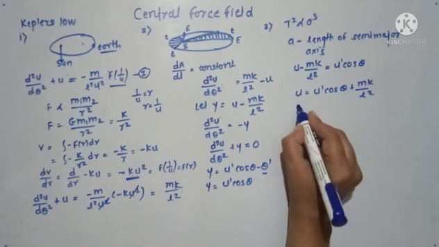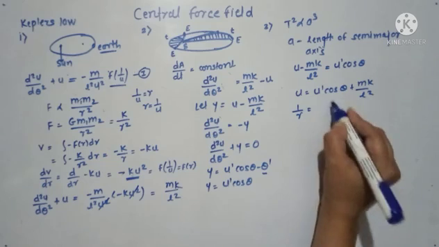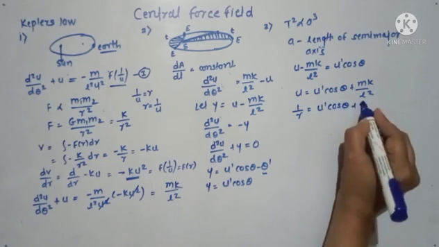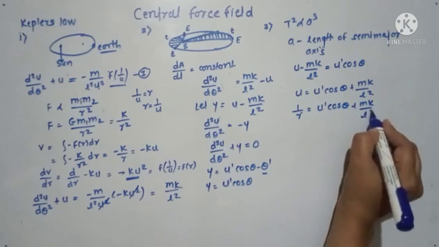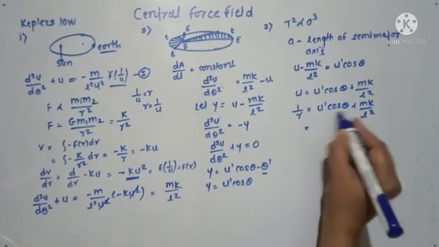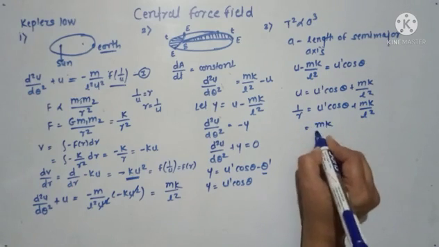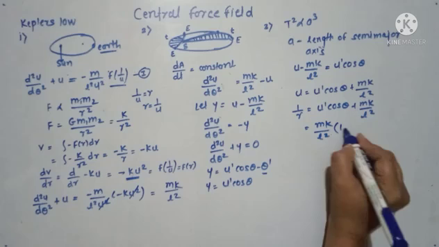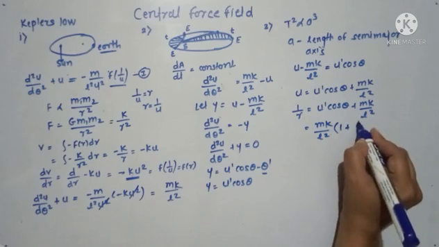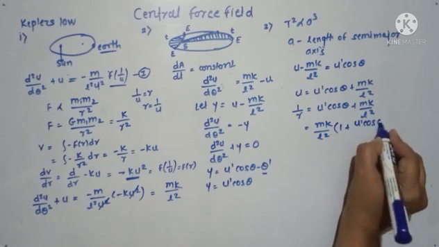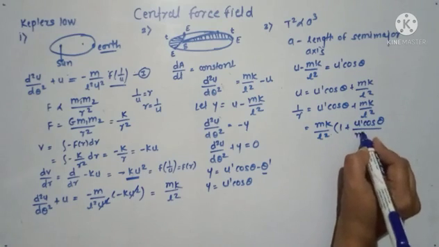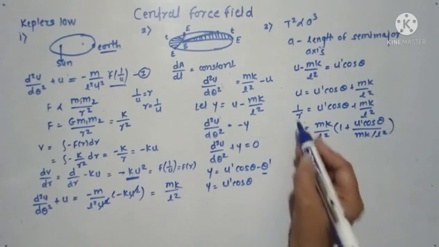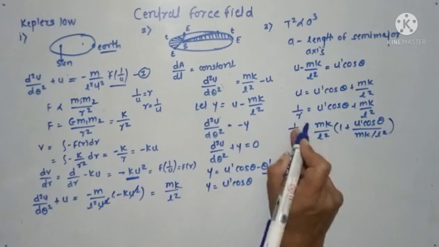So this u is nothing but 1/r, which is equal to u' cos θ + mk/L². If I take mk/L² common from this, I am going to get (mk/L²)(1 + u' cos θ/(mk/L²)). So this is the value of 1/r.